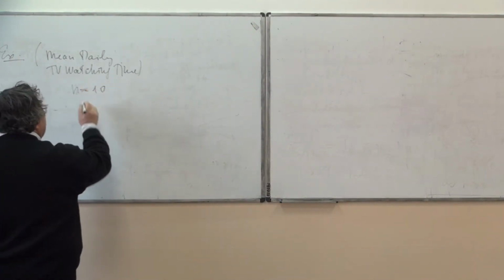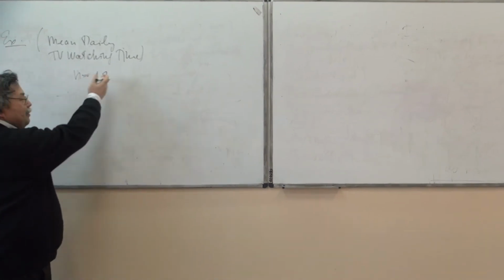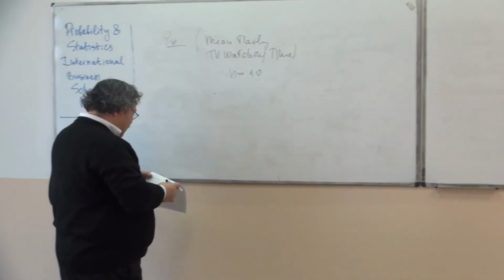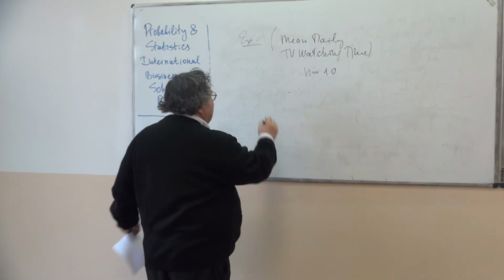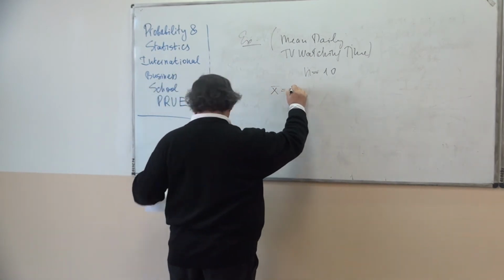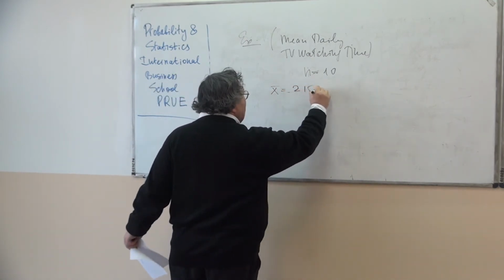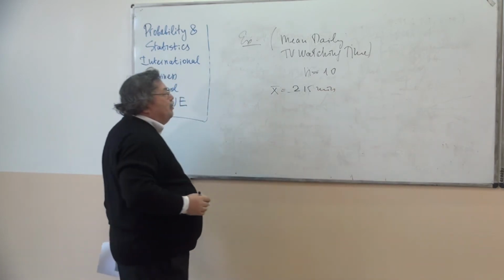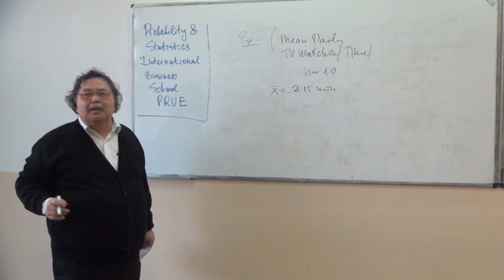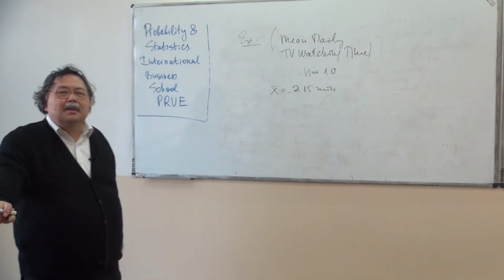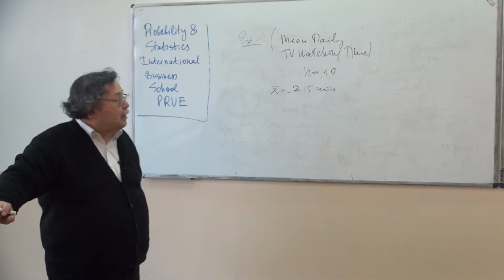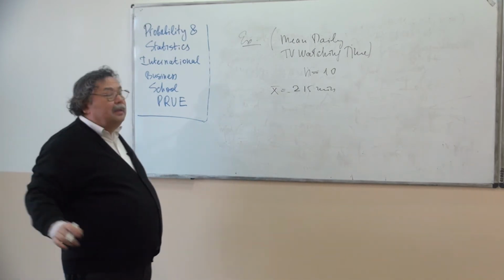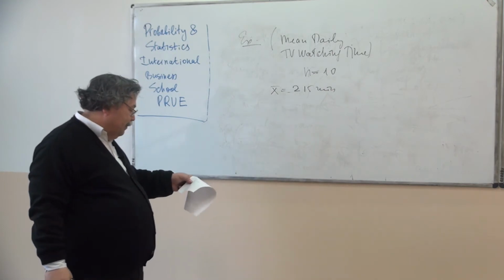And you are lucky to have even this number of participants. What you find on this sample is that the average time that these people spend watching TV is 220 minutes per day.